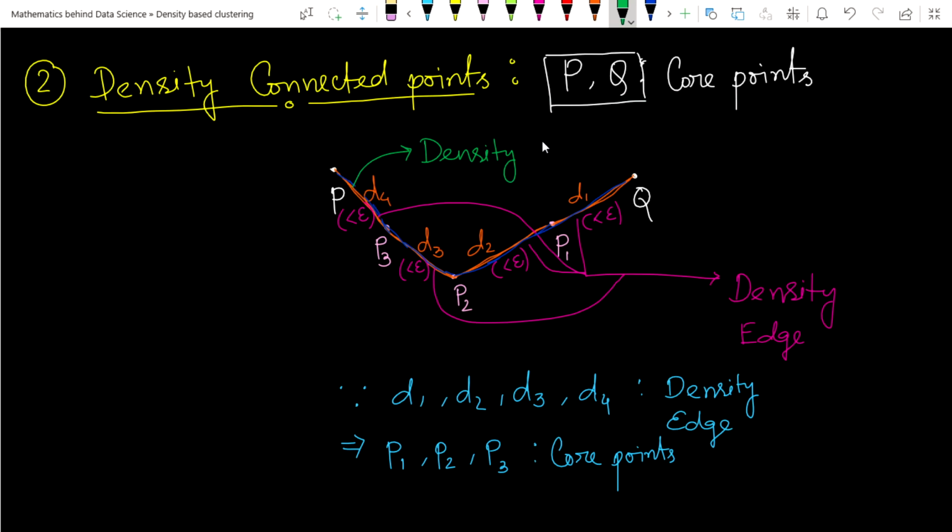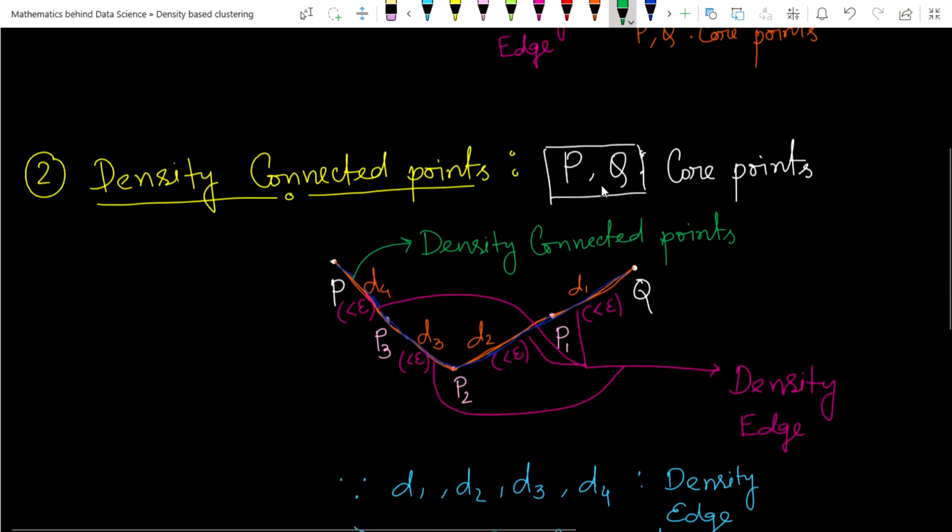These are the density connected points. Because of this, at the end of the day, we got P and Q. Everything is a point, and obviously every point is a core point.